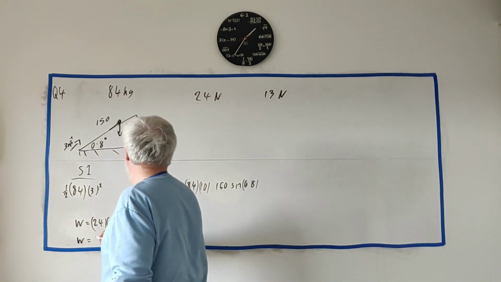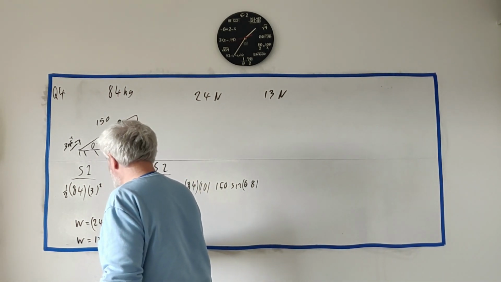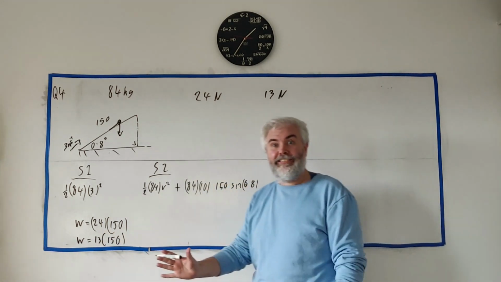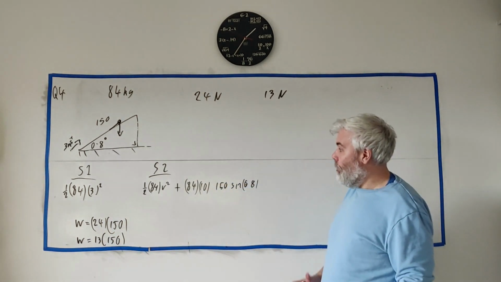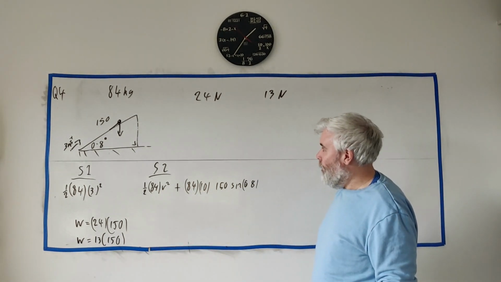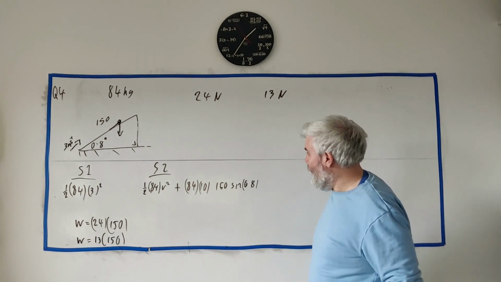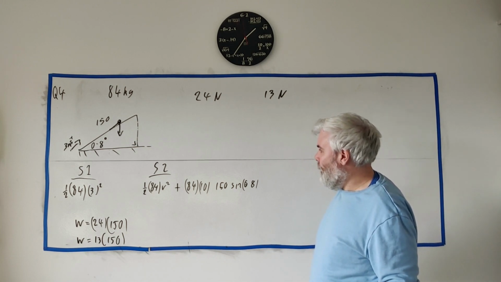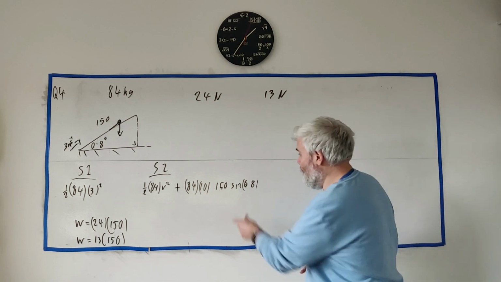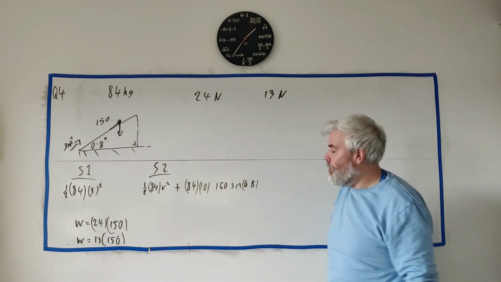Work of 13 newtons times 150. Now that's not added in. That's actually going to be taken. That's working against them. It's going to slow them down. It's going to take energy away from the system, or it's work done against it. And that's it. There's nothing else doing to the system. The weight of the body is accounted for in the potential energy.